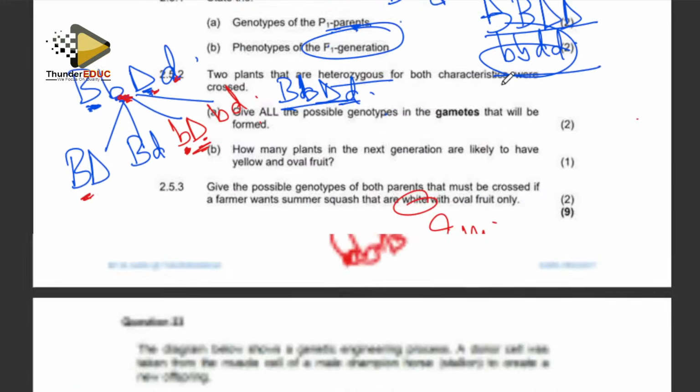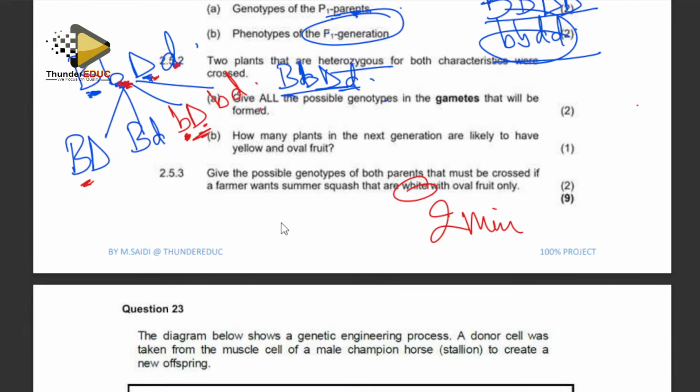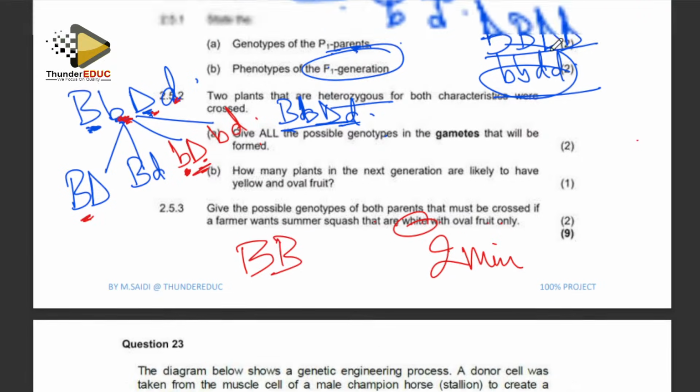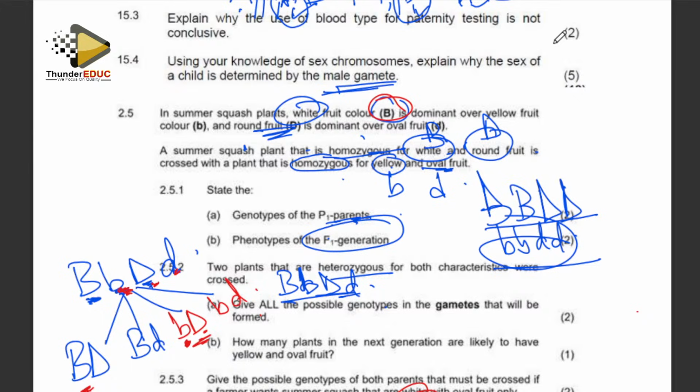Okay, white is dominant, so since I know that white is dominant, capital B, I want to cross to get a squash that is white with oval. It is capital B, and then oval. Where is oval?